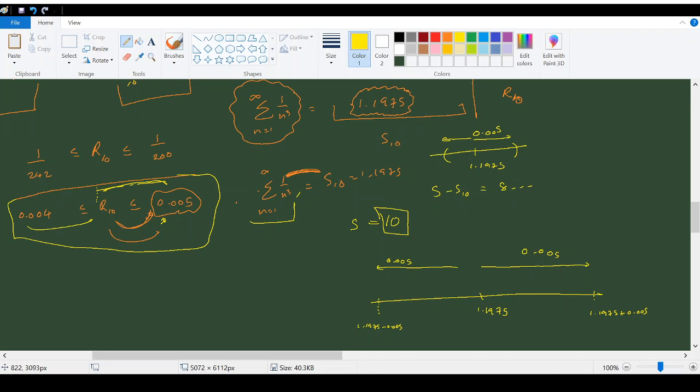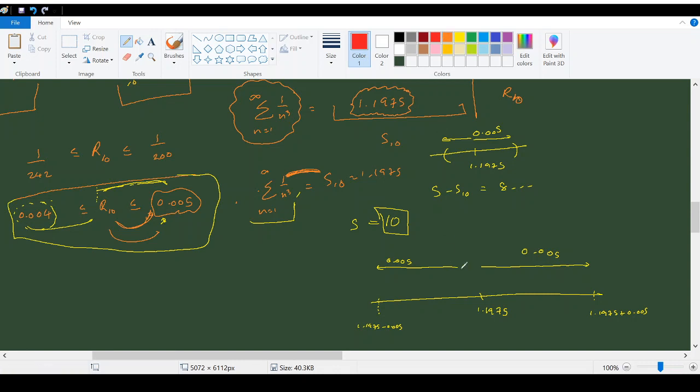So the actual answer cannot get too close to this S10 value, because it must have an error greater than 0.004.